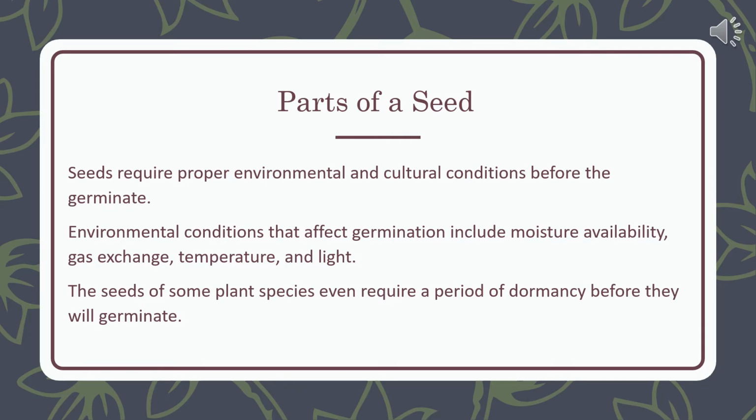And as I mentioned with scarification, some seeds will need to be exposed to certain environmental effects or actions. An example being soaked in water or passing through the digestive system of another animal. Some seeds require being exposed to fire or smoke. We'll go into a little bit more on this.